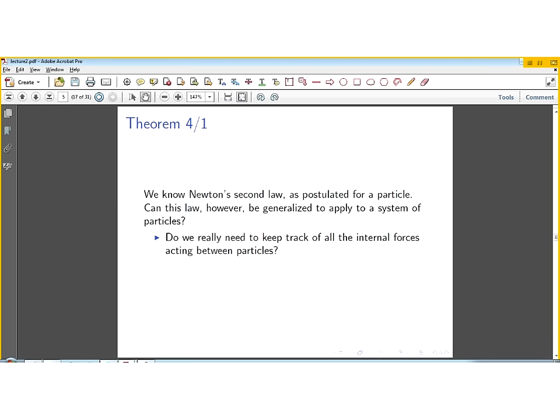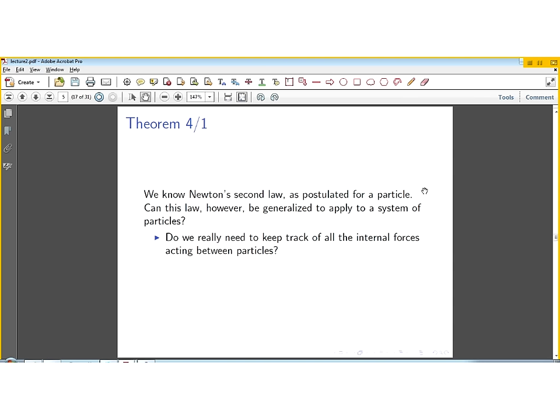But when we ask this question, we need to realize that if I have a system of particles, the particles exert forces on one another. We know that there are molecular forces between molecules. If I have a solid material, let's say a metal bar, the metal grains in this bar exert forces on one another.